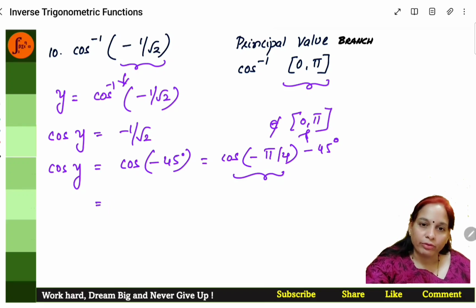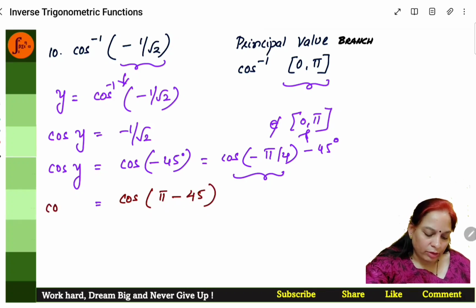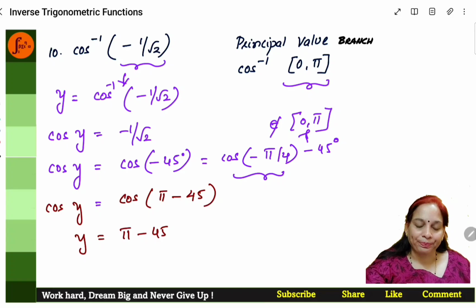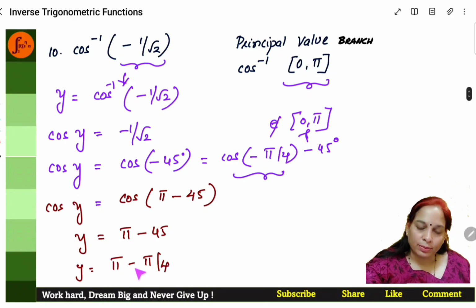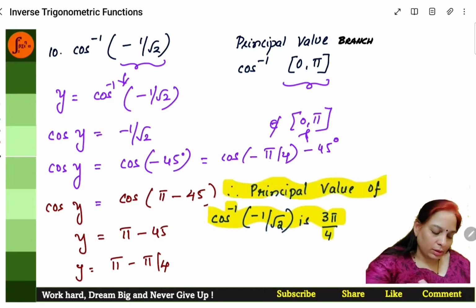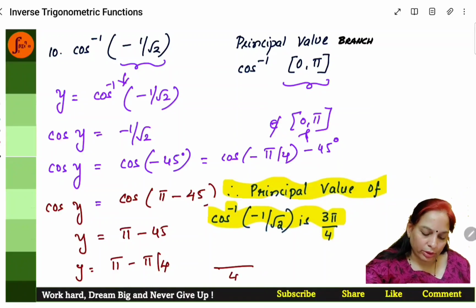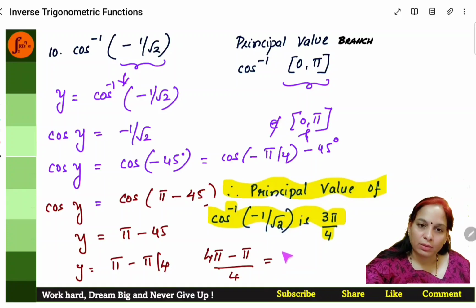So what do we have to do? We'll have to take cos of pi minus 45 degrees and equate it to cos y. So what will we get? y is equal to pi minus 45, right? Or you can write it as y is equal to pi minus pi by 4. And what is pi minus pi by 4? You take LCM as 4. So you get 4 pi minus pi, which is nothing but 3 pi by 4.